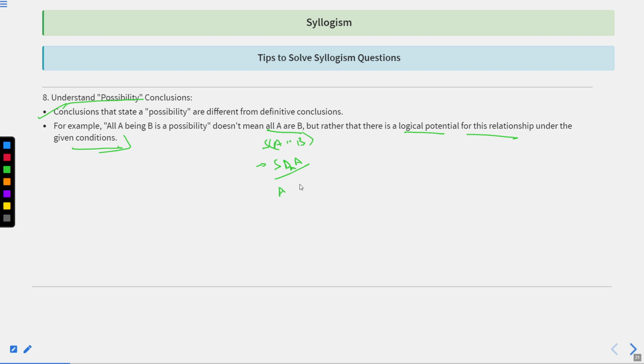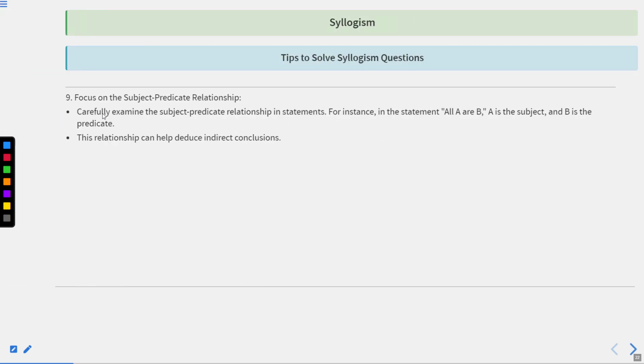But all B are A is a possibility. So if it is a possibility, then both inferences will be considered correct. But if this possibility had not been there, then you cannot infer that the second conclusion would have followed. So you see, just by using the word possibility, an inference can be considered correct. That is why these words have to be kept in mind whenever we are solving syllogism.